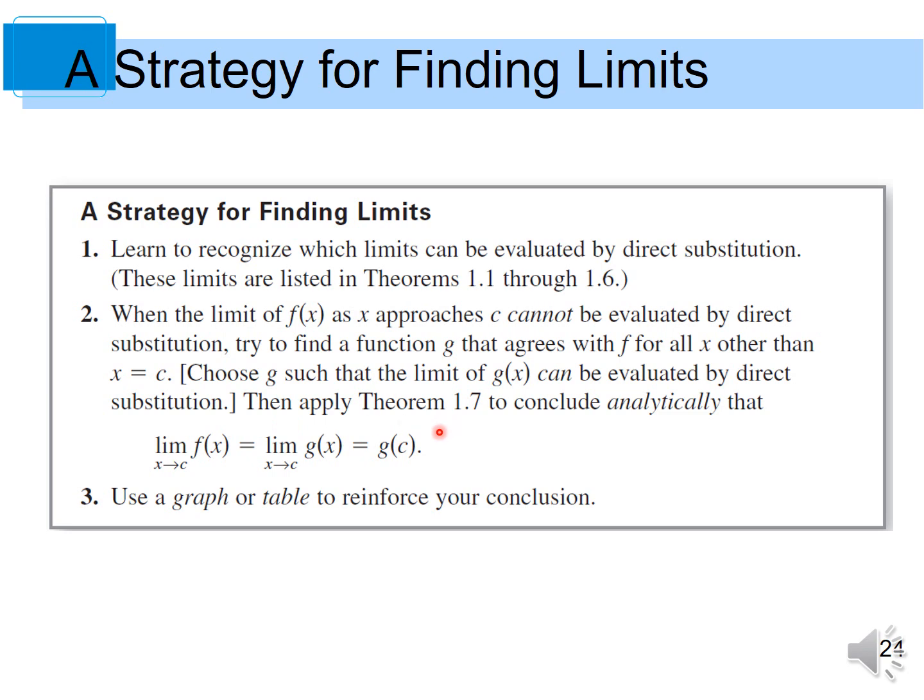Then apply theorem 1.7 to conclude analytically that limit f of x when x tends to c equals limit g of x when x tends to c equals g of c. Use a graph or table to reinforce your conclusion.